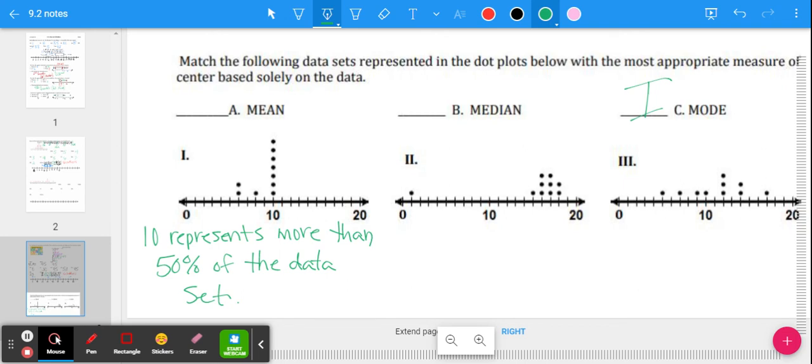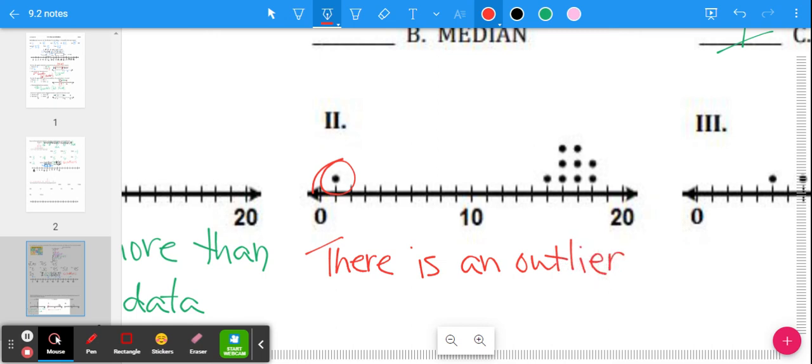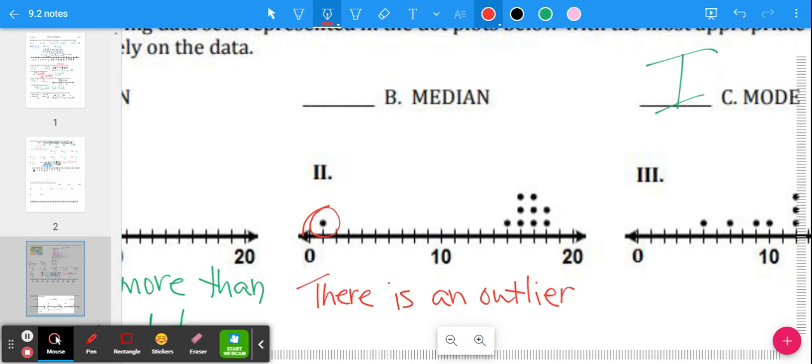So on the second one, we have an outlier. We have this little bitty one over here on the left. It is outside the grouping of the data. So because there's an outlier way far away from the rest of the data, the median is the best measure of center.